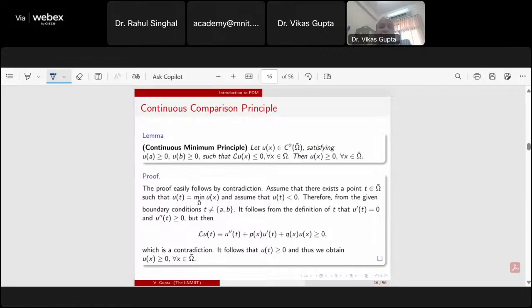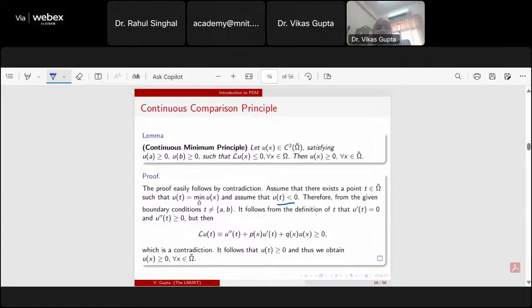Here we assume that there exists a point t belonging to omega bar for which u(t) is the minimum of u(x) over the domain omega bar, and we assume that u(t) is less than 0. That is, the function value of u, the solution of the given boundary value problem, at the point t is negative.